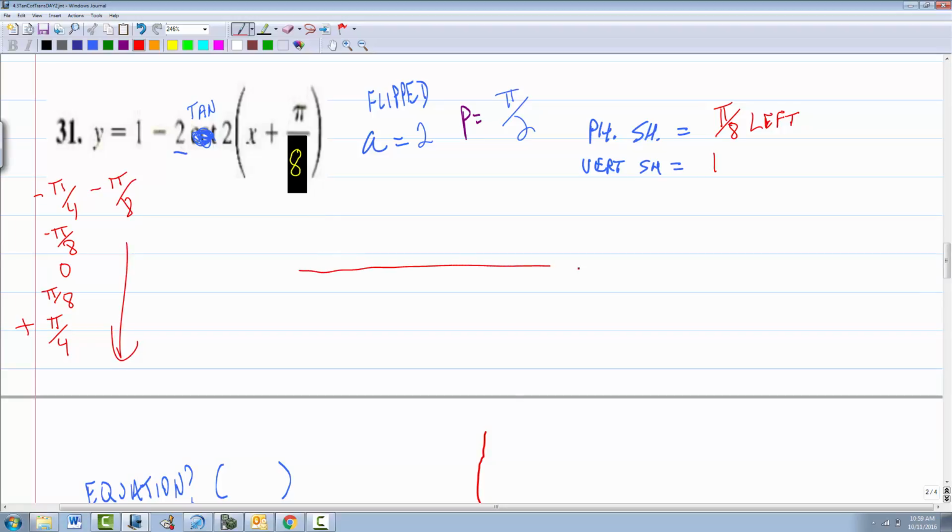But since I know a pi over 8 is already a quarter of the period, I'm just going to go ahead and put 0, 0 here, on the y-axis. I'm going to go left pi over 8, left another pi over 8, and then left one more pi over 8. Negative pi over 8, negative 2 pi over 8, negative, anyone? 3 pi over 8.